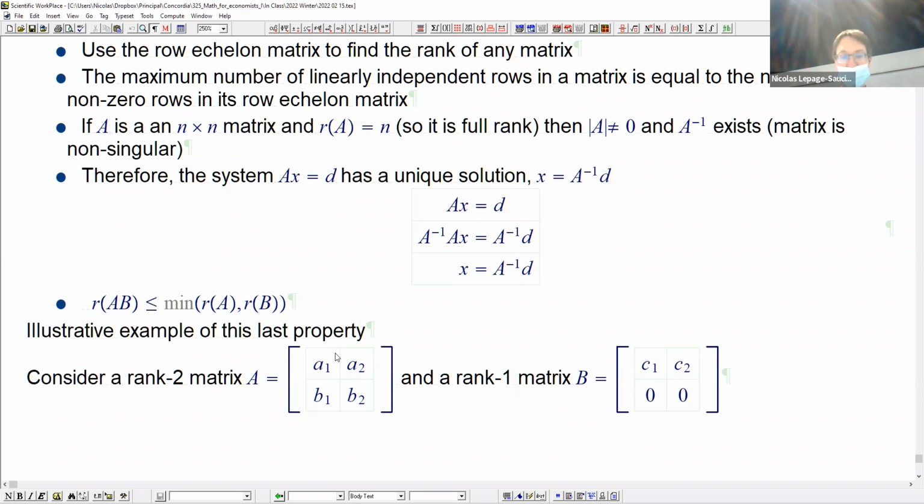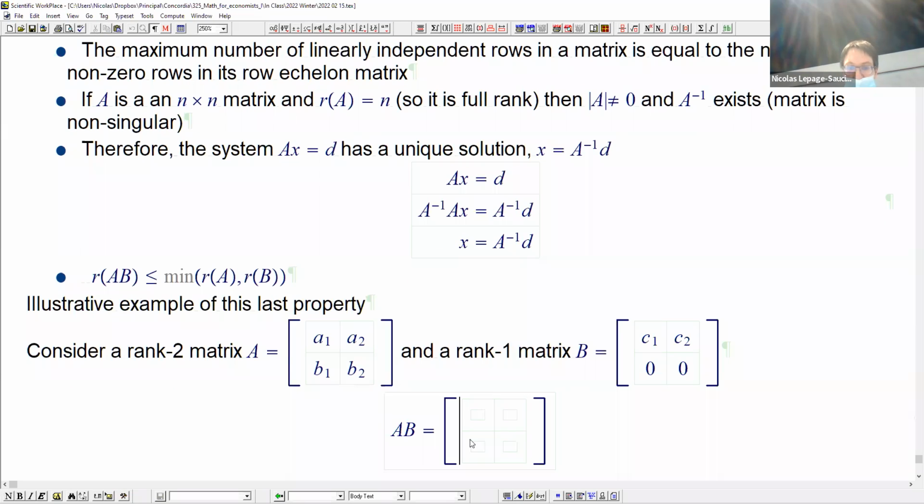So if I compute the product, what do I get? So AB equals, so that's A1 times C1, here that's A2 C2, here that's B1 C1, and here that's B2 C2.